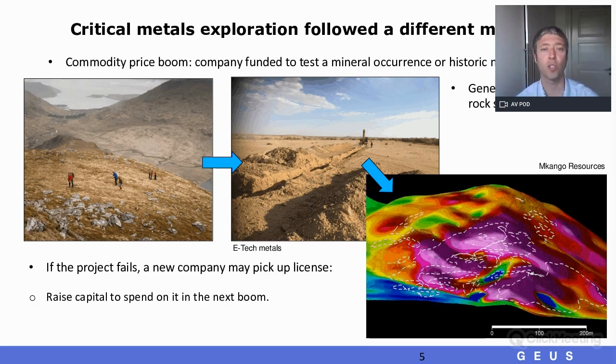Traditionally, critical metals exploration has followed a different method, where when there's been a commodity price boom, a company has been funded to go and test a known mineral occurrence or maybe a historic mine. And the geoscientists work up from the rock scale to maybe a couple of square kilometers. And if the project fails, a new company may pick up that license in the future, and then when the commodity price booms again, raise capital to spend on it.